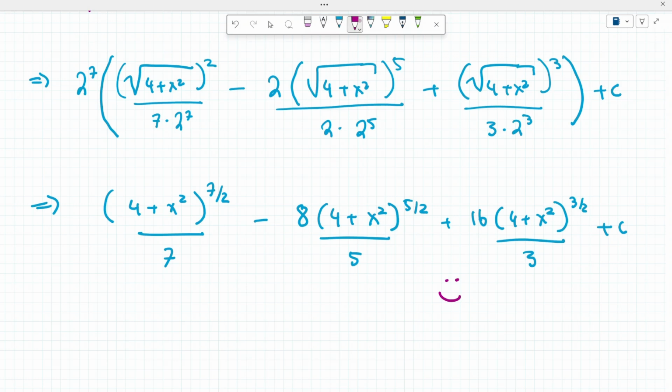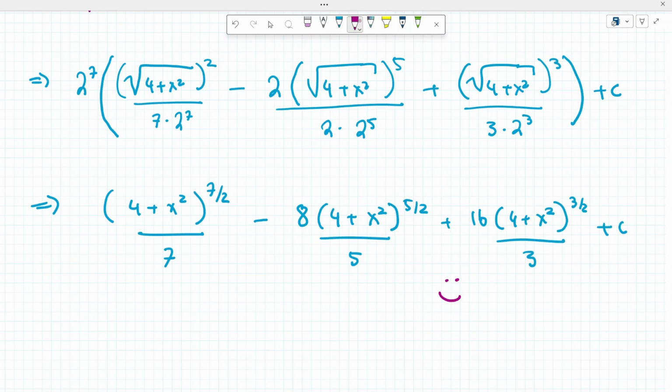So it was a bit of a lengthy process, but it's not too difficult once you use the trig substitution. Using the substitution allows us to apply different trig identities and simplify this. You saw that this was also a bit of a hybrid problem, so not only did we use trig substitution, we also had to use a u-substitution, which really helped us take the integral.